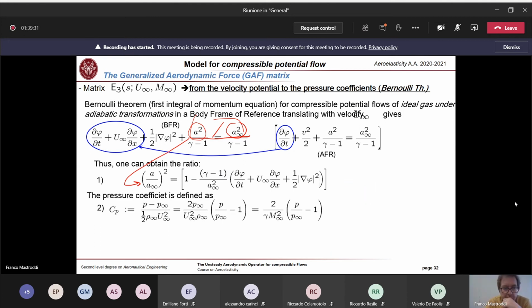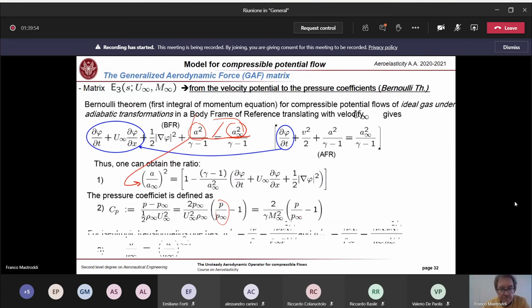The pressure coefficient is defined as this. As you did in gas dynamics, it's better to represent this in terms of the Mach number and the ratio between the pressure in a point and the pressure at infinity. Now we have to relate this value with this ratio.